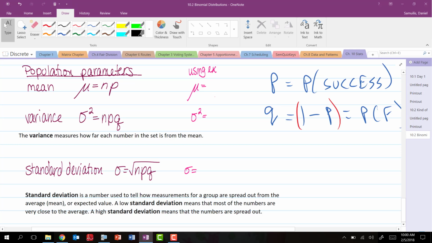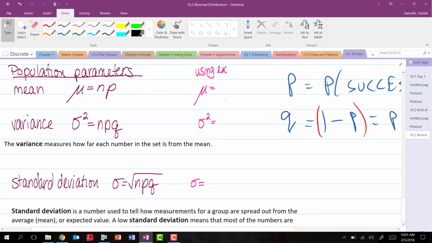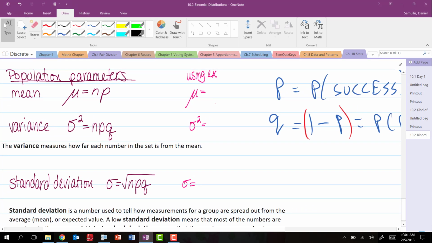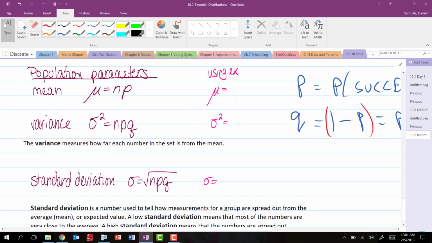All right, now, mean. Anyone know what this letter is? I always thought it was a fancy M when I first started teaching this. It's mu. Okay, mu is mean. Let's take that last probability problem where 65% chance of success, 35% chance of failure. Finding someone with cable, not finding one with cable. So what does mean actually mean?